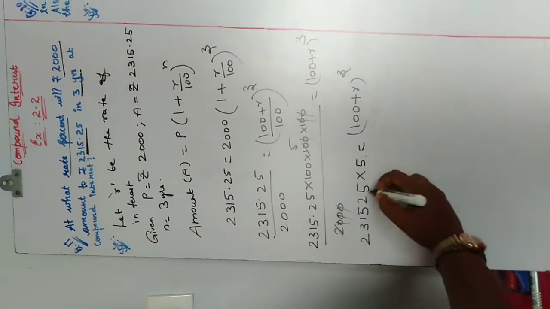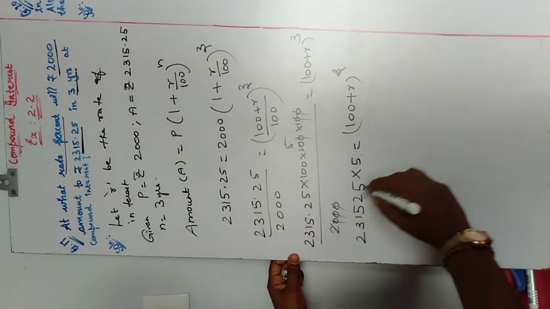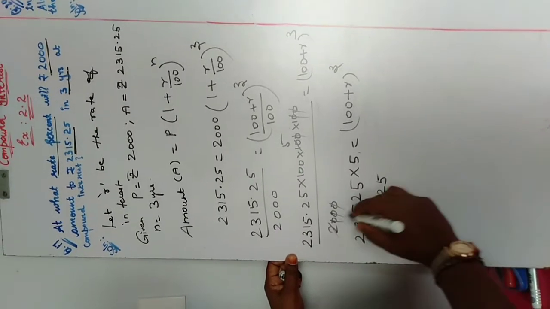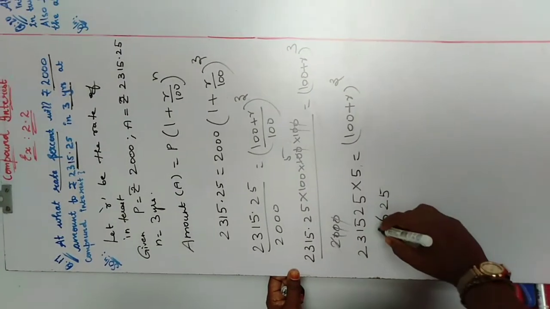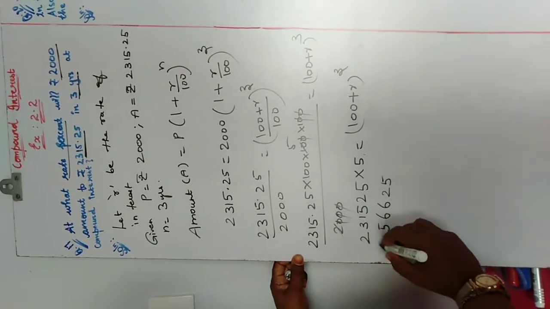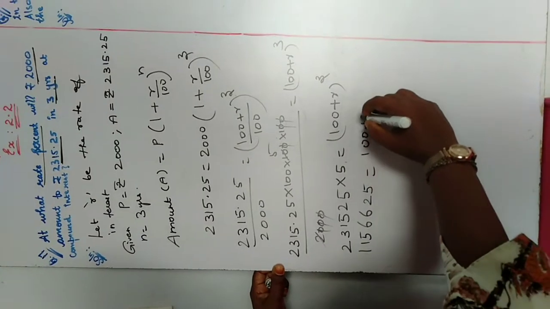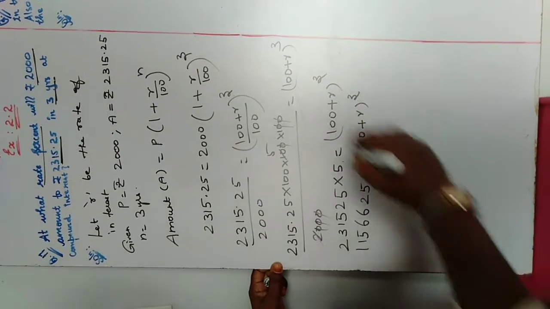Okay, then multiply this one: 5 5s are 25, balance 2; 10 12 2, balance 1; 25 26, balance 1; 5 6, then 15 5, balance 1; 5 2 7, 11. Then you want to check whether this is the cube of what number.